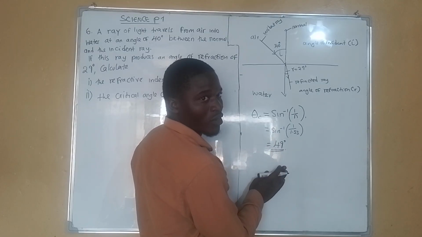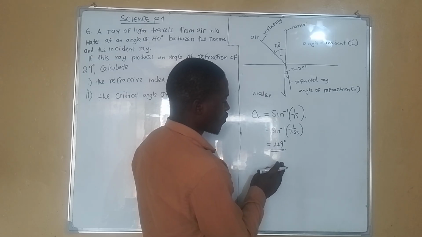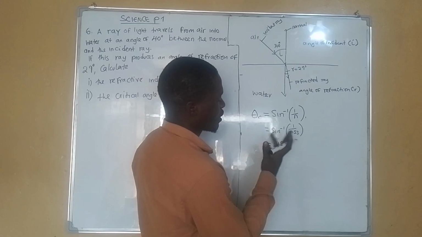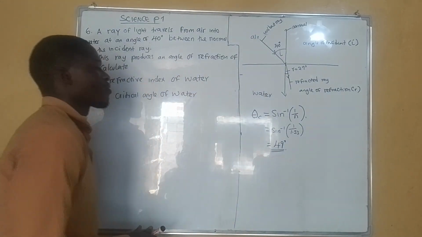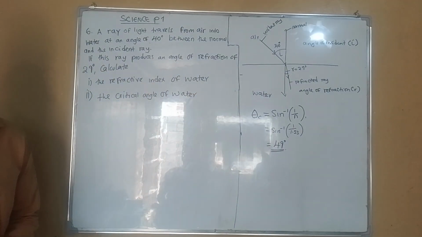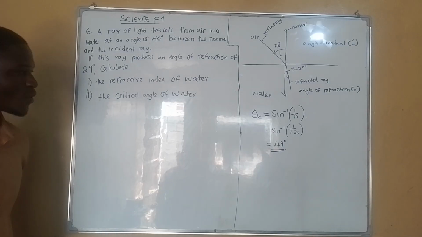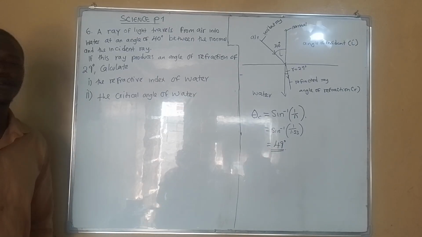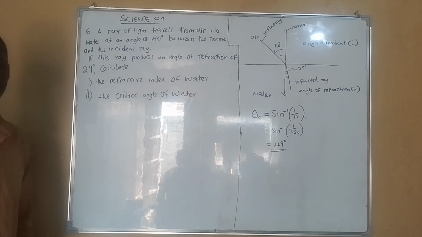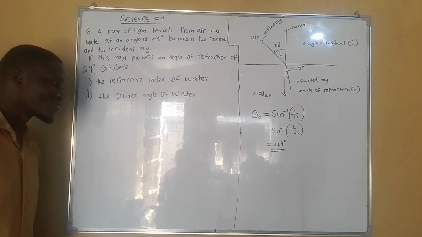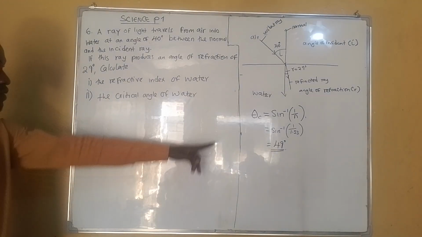But it's 48.75. Okay, you can round it off. So that's the critical angle of water, 49 degrees.